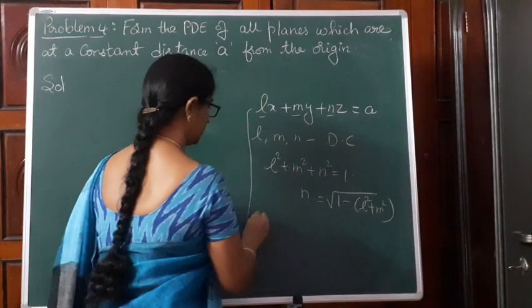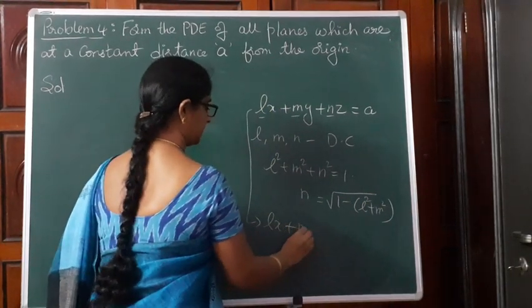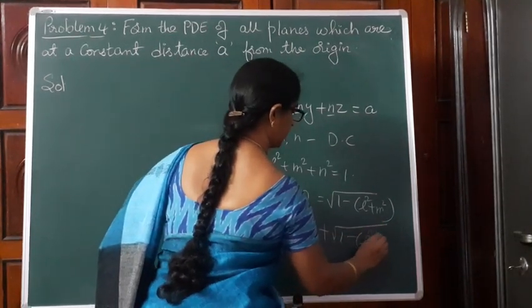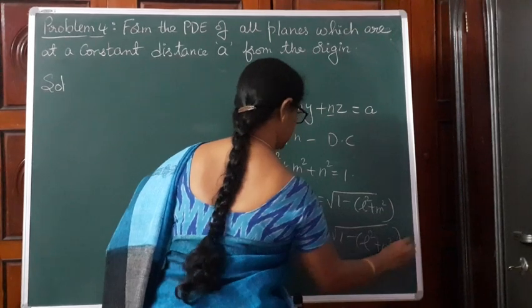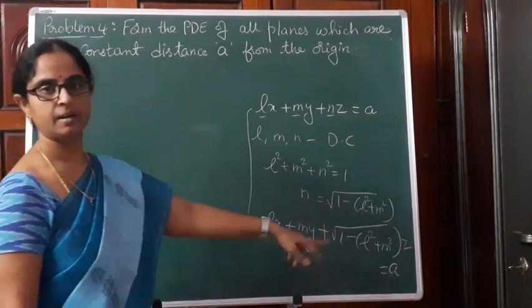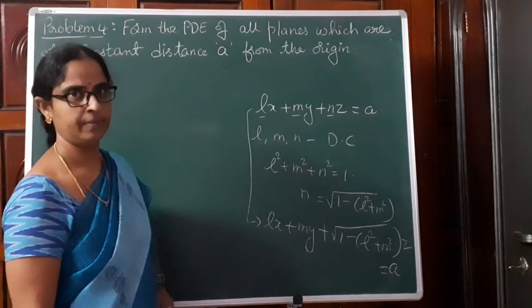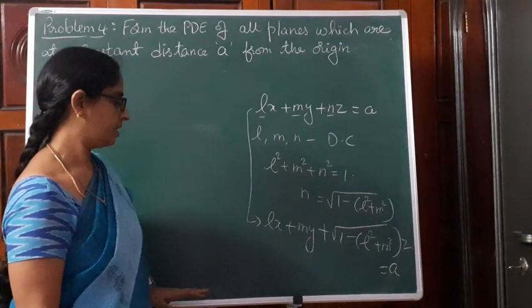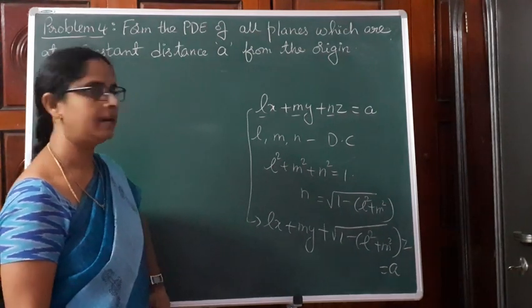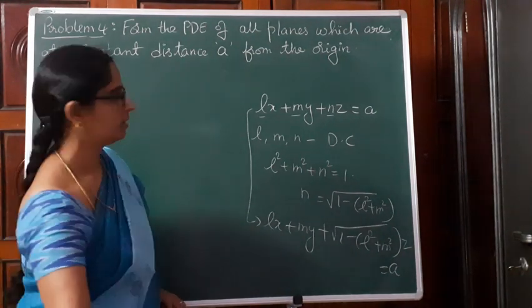Now this equation reduces to lx plus my plus square root of 1 minus (l square plus m square) into z is equal to a. Now we have only 2 arbitrary constants l and m. Now partially differentiating this with respect to x once and with respect to y again, we eliminate l and m.